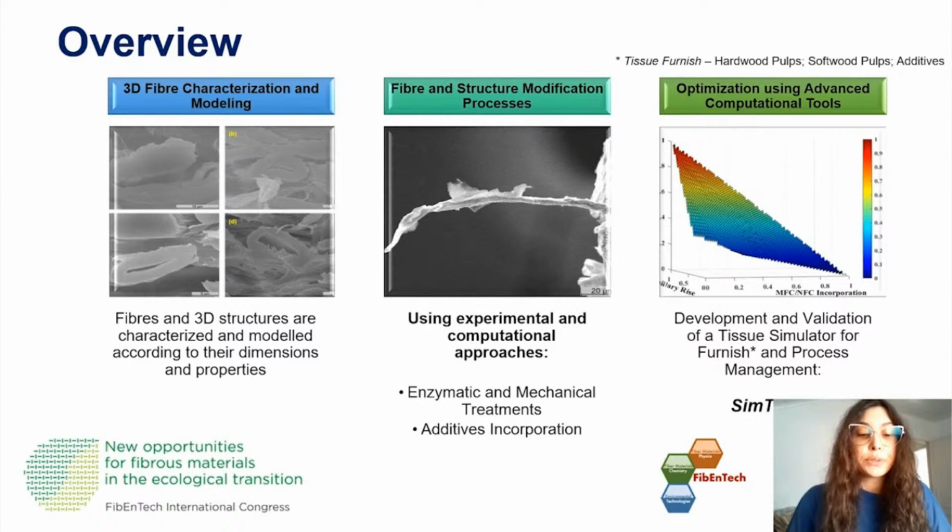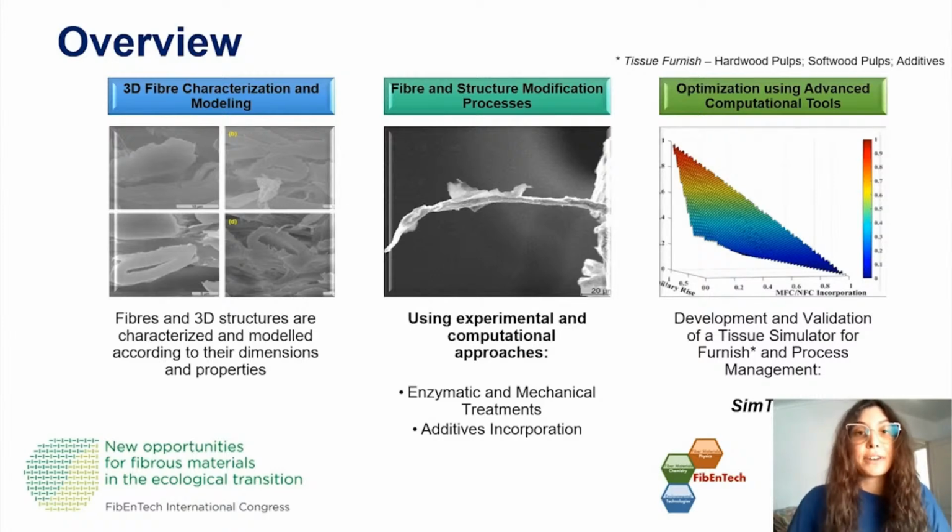In an overview, the strategy used in this work can be separated into three fundamental sections. The first, the 3D fiber characterization and modeling, in which fibers and 3D structures are characterized and modeled according to their dimensions and properties.